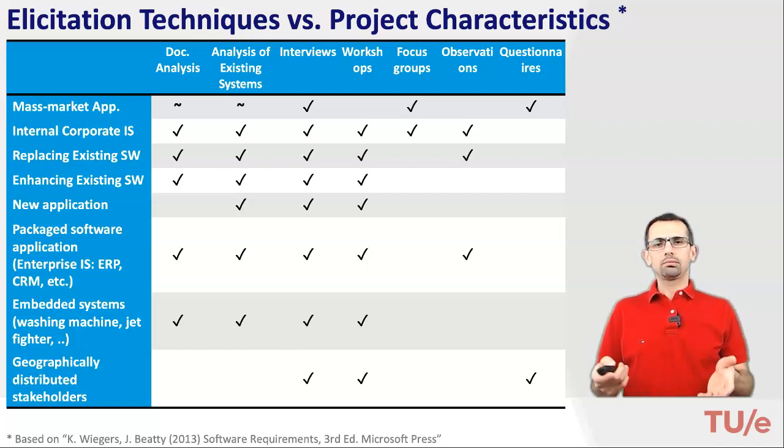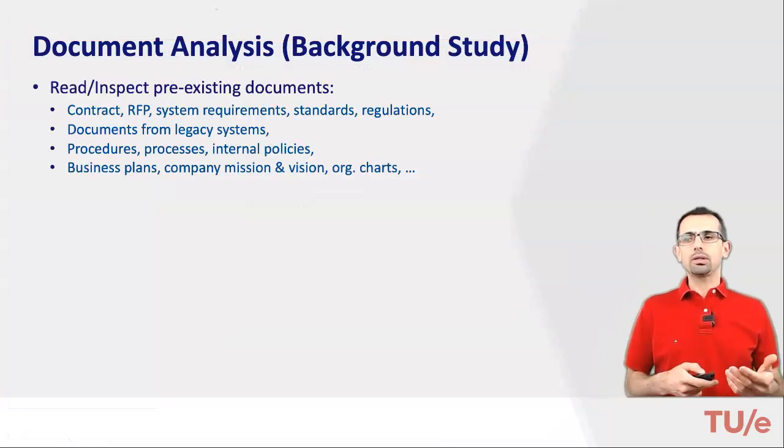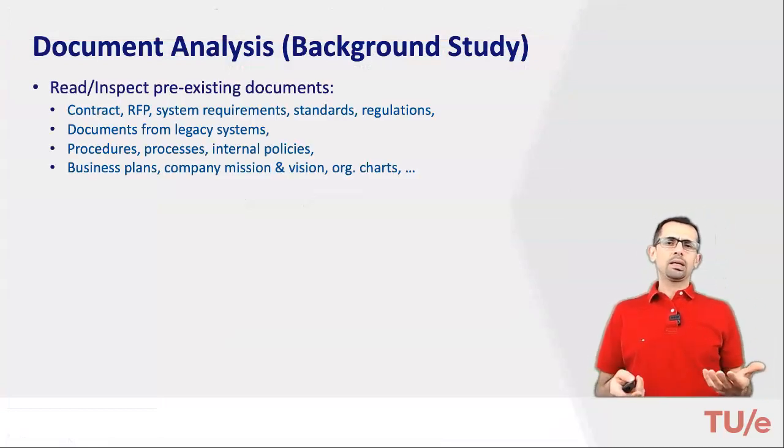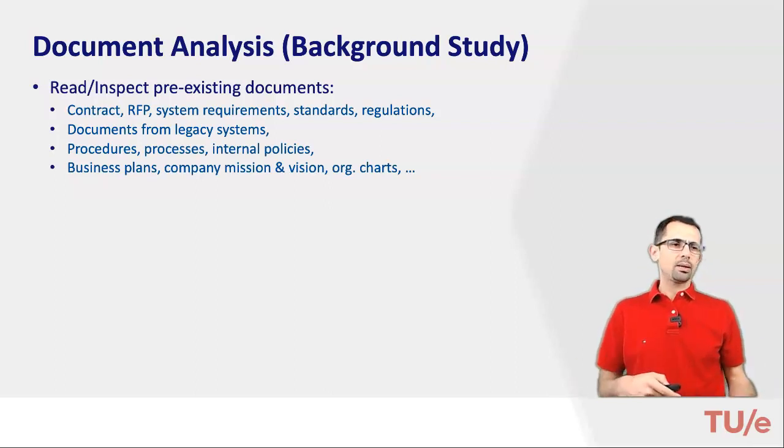Okay, now going back to the techniques, starting with document analysis or background study. This is basically inspecting and reading pre-existing material and documents, usually about the existing systems: the contracts, requests for proposals (RFPs), system requirements, and available standards and regulations.